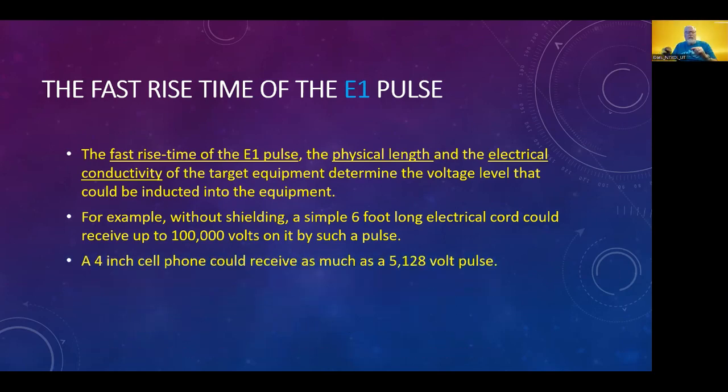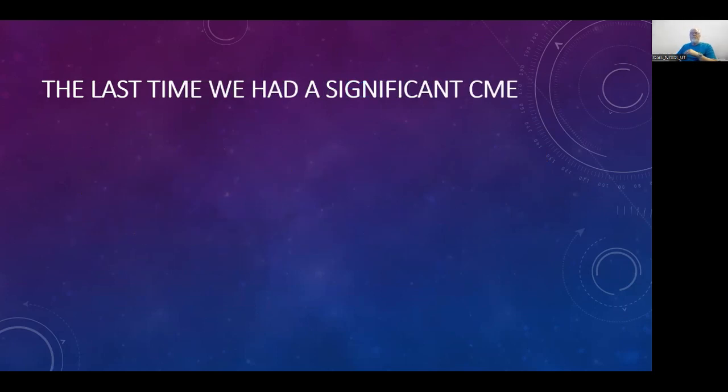A 4-inch cell phone could receive as much as a 5,000 volt pulse, which of course would instantly fry the cell phone. We're not talking a slow burn fuse. We're talking instantaneous vaporization of the components inside of the phone.